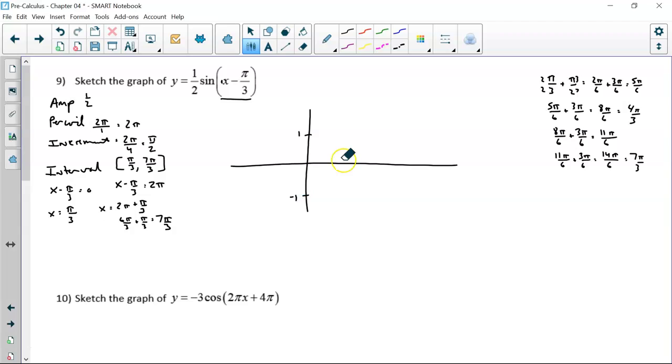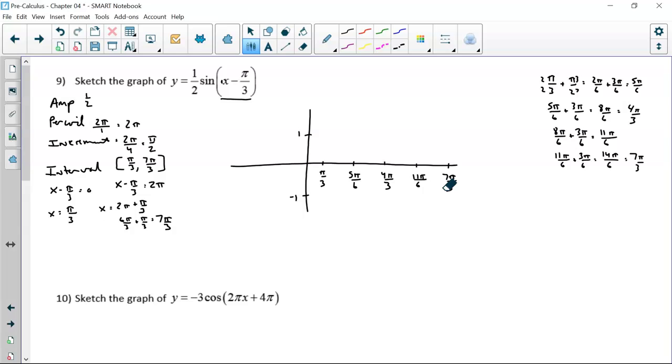So here's my pi over 3. That's my starting point. Then I'm going to go to my next one, which would be pi over 2 apart, which would be at 5 pi over 6. Then we're going to be at 4 pi over 3. Then we're going to be at 11 pi over 6, and then 7 pi over 3.